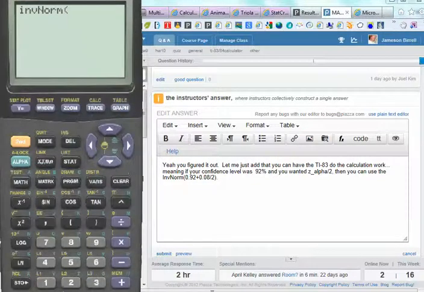And then you hit enter inverse norm. I can say from 0.92 plus whatever 0.08, which is the complement. Now that's pretty easy to calculate mentally, the complement, divided by 2, and then hit enter. What some people like to do, though, is they like to just find the left one and then realize that that's the negative copy because you're working on the left, and then they just change the sign or drop the sign.